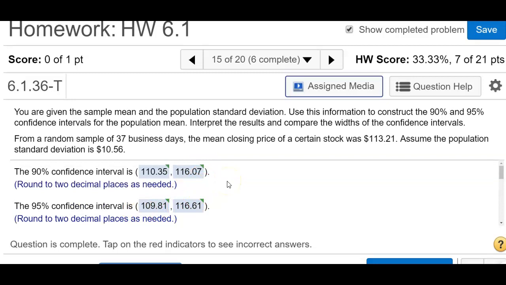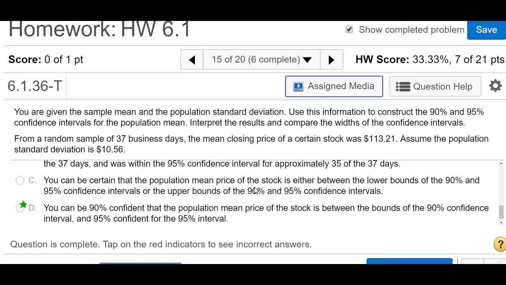You're telling me that 90% of the samples will produce intervals containing the population mean. 95% of the samples will contain the population mean. So that's exactly what you're telling me. So when you scroll down here, you can be 90% confident that the population mean price of the stock is between the bounds of the 90% interval, and 95% confident for the 95% interval.